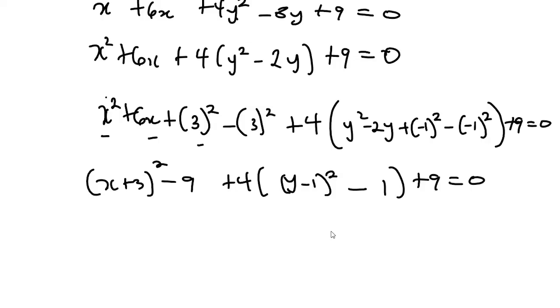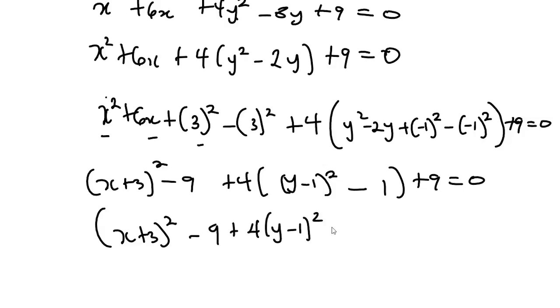Okay, so let's see how it is going to be. So we have this here. You can decide to write this one. x plus 3 all squared. Let's expand this. We have 4 y minus 1 all squared minus 4, then plus 9 equal to 0.